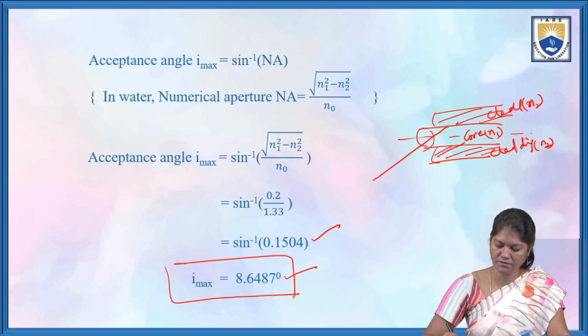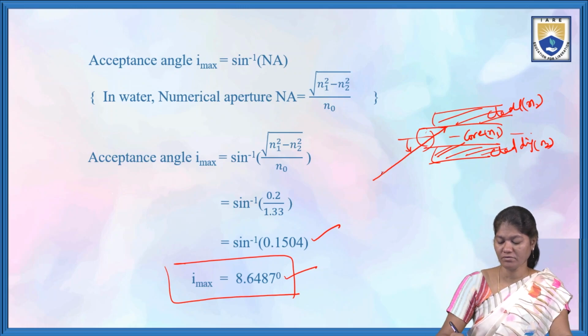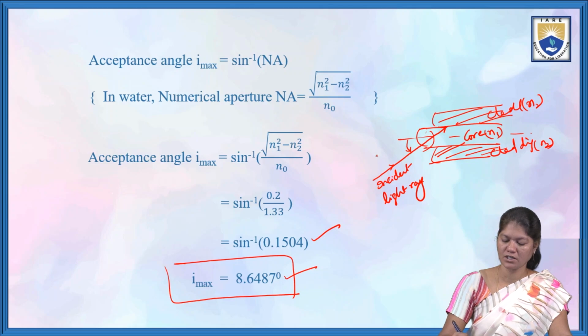Light is entering at the maximum angle to the fiber axis, the incident light ray, so here we want to find i maximum.